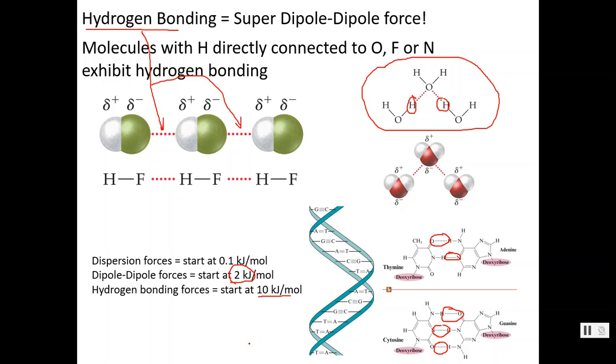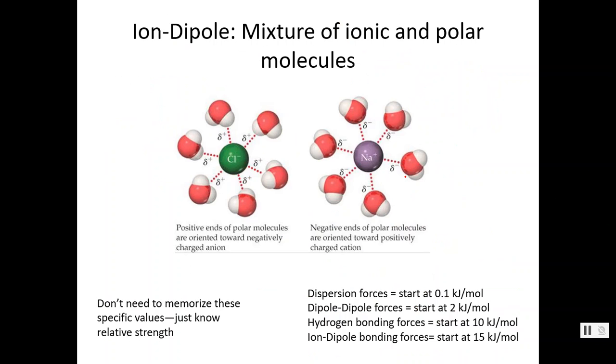So hydrogen bonding, it's my favorite intermolecular force. It is a super dipole-dipole force. You identify hydrogen bonding if you have a molecule that has hydrogen directly connected to an oxygen, fluorine, or a nitrogen.